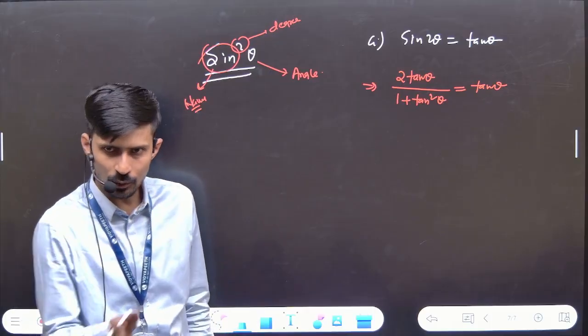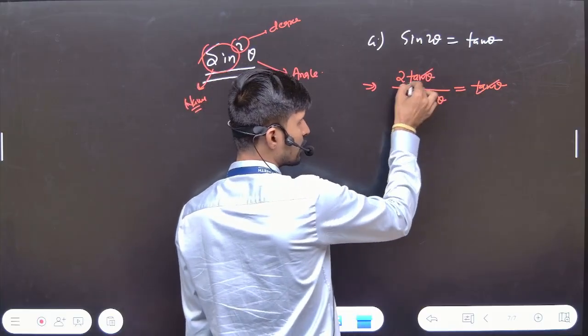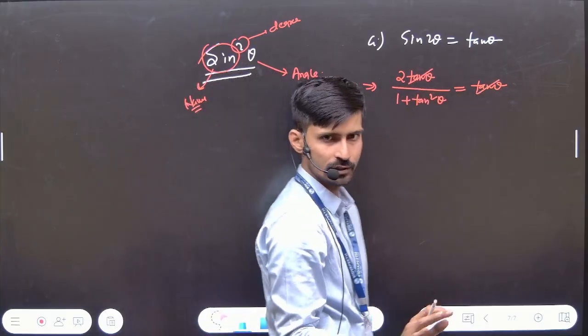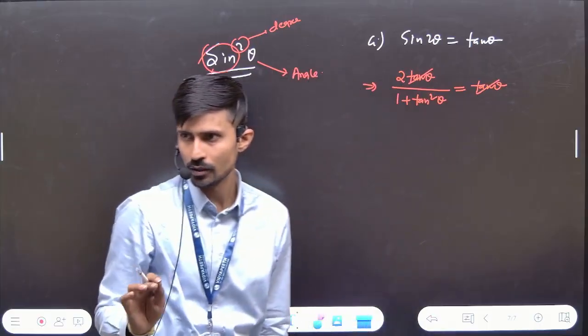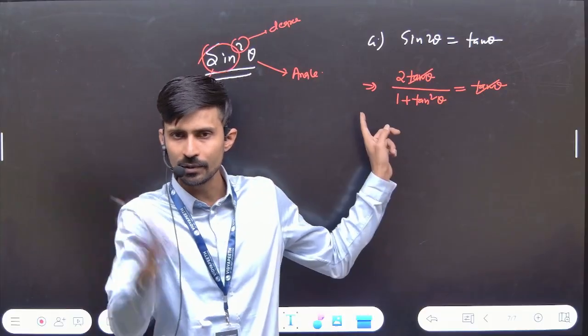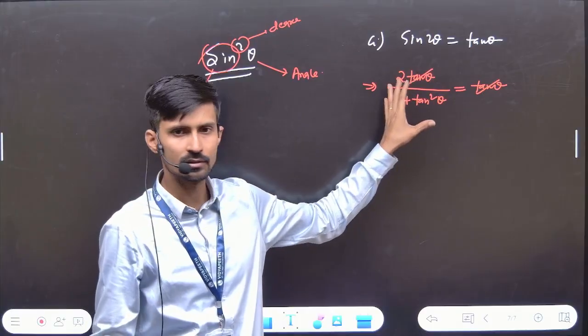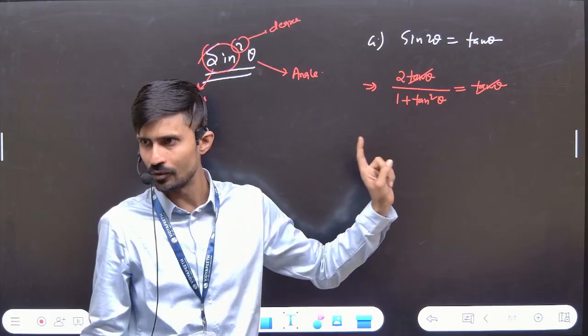Okay, now most of the people, what they do, they will cut tan theta and tan theta. We can do that. But when we are cutting something, what do we have to find here, tell me? Theta. Theta we have to find.